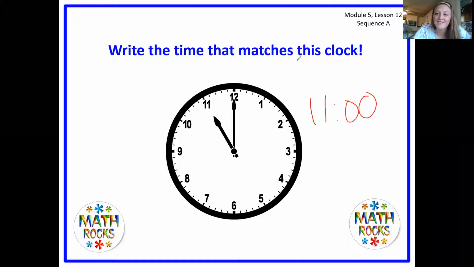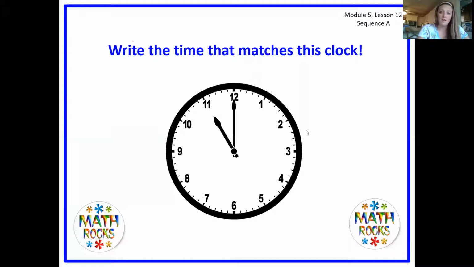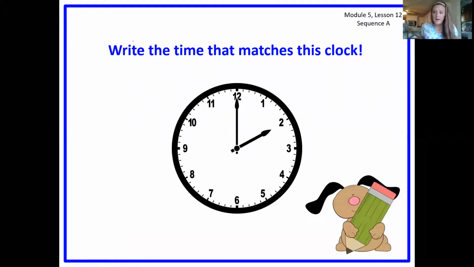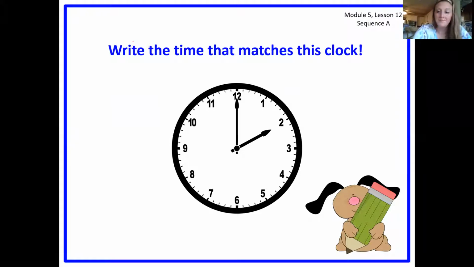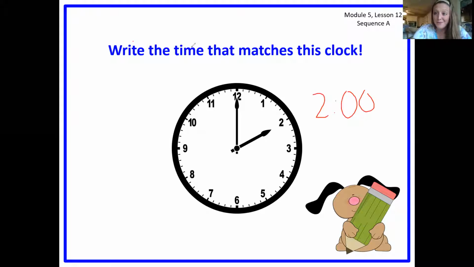All right. So let's go to the next one. This one. Think about what this one says. Write the time that matches the clock. And yep, 2 is the hour, no minutes, so it is o'clock, 2 o'clock.